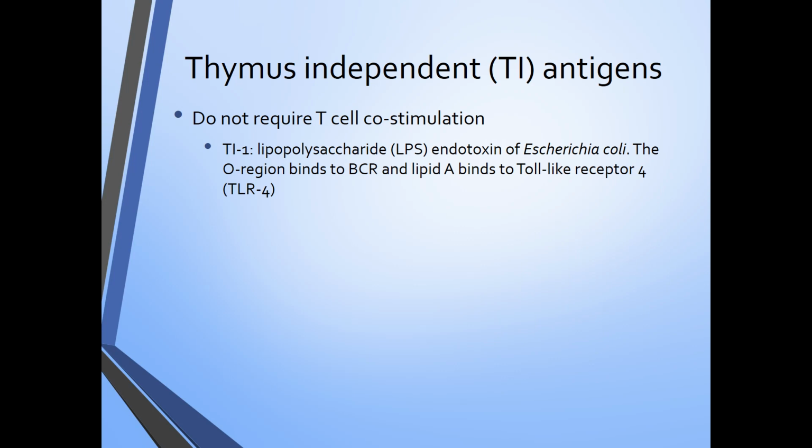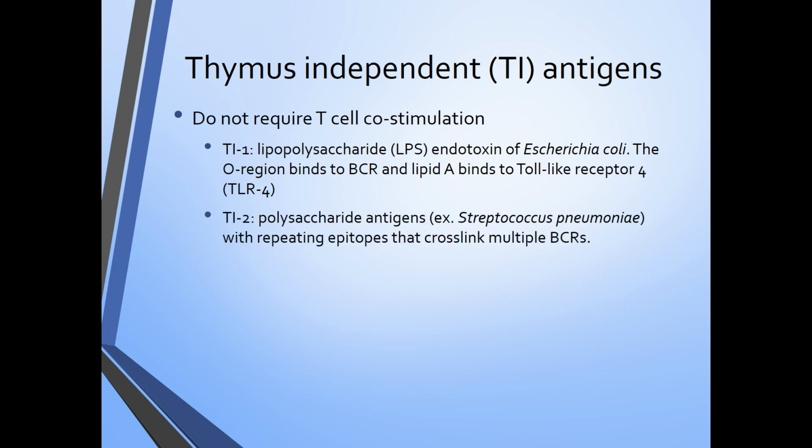The O region binds the BCR. That's the O region, the carbohydrate portion of it, which binds at the B cell receptor, and the lipid A binds to a toll-like receptor, TLR4, on the surface, and that combination helps stimulate that B cell to become activated.